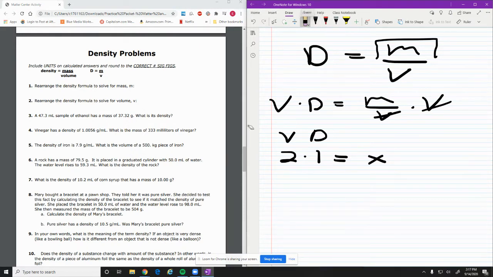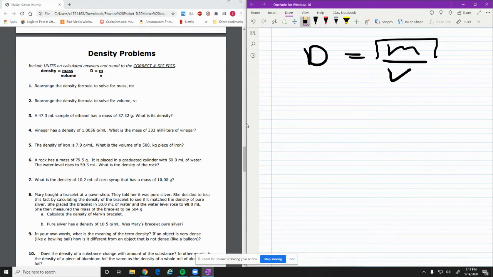Now I'll solve for volume, but we start at the same place. Density is equal to mass over volume. Now I want volume, and volume is at the bottom, right? I want this to be in the numerator. So I can do the same exact process.